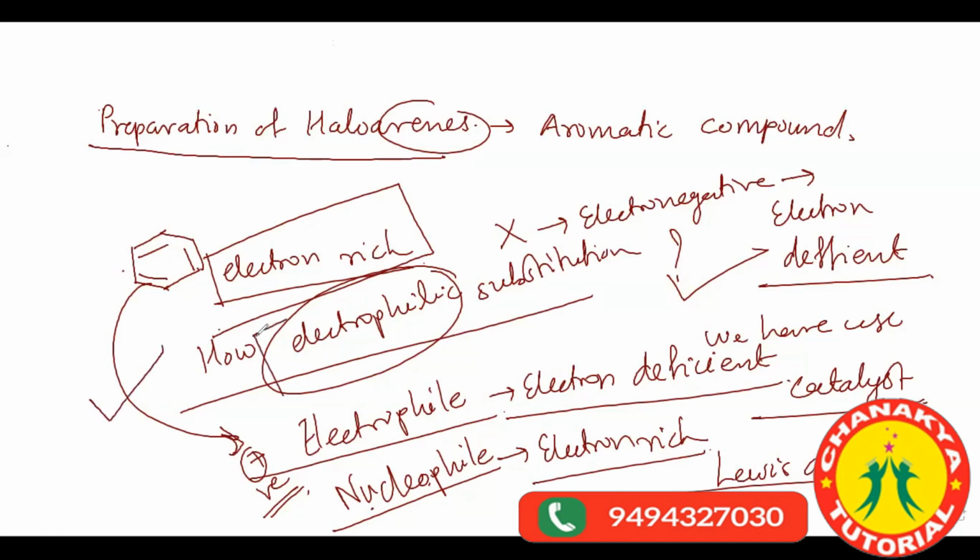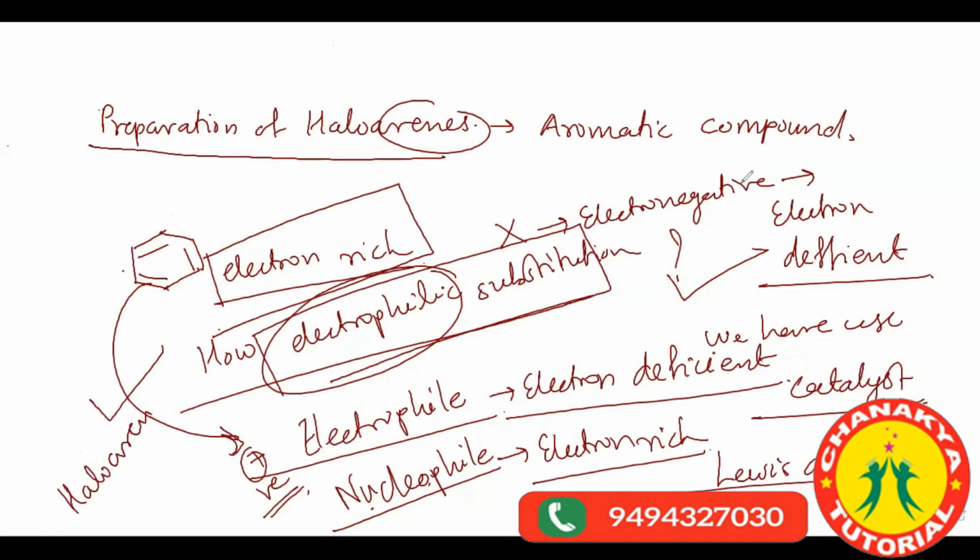So what you come to know is, basically, we are going to see the electrophilic substitution. What do you mean by electrophilic substitution? It means the electropositive species we are going to attach to the benzene. But then we have to make a haloarene, so your electrophilic substitution should be of the halogen group. What we know, halogen is electronegative in nature.